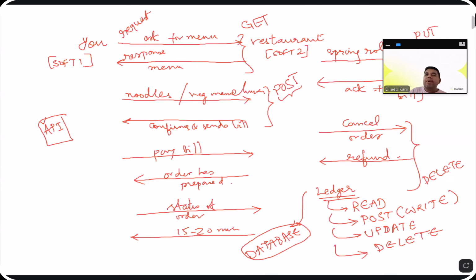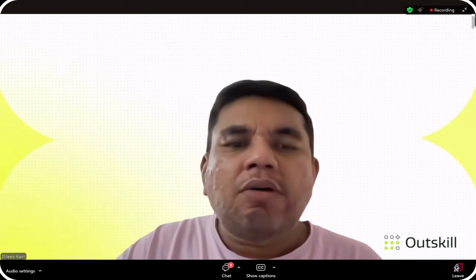So an API request manages the communication between two software systems, and this is the mechanism by which you are able to communicate with software. So for automations to work, for software connecting with any software, APIs are important, and this is how the communication happens.